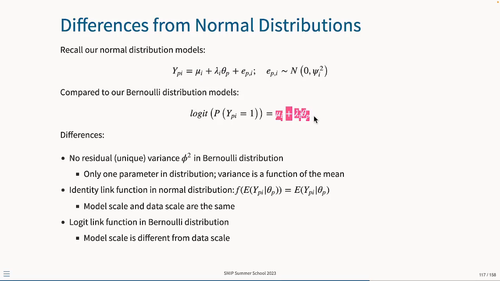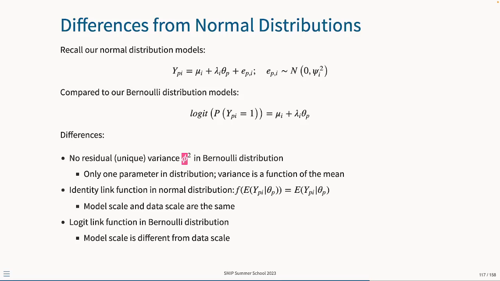But the parameters are not the same. This is not to say that we could take the same data and apply it in both models. This is just to compare what's happening in IRT versus what's happening in factor analysis itself. There's no unique variance. This should not be phi. This should be psi. Another typo.